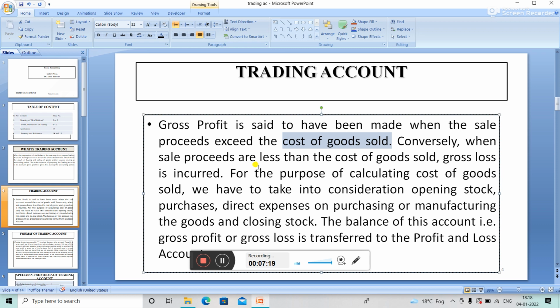Apart from this, we are going to involve direct income or indirect income. I hope everyone knows the formula of nominal account: debit all the expenses and losses, credit all the income and gains. So when we are talking about direct expenses and direct income, these are going to be involved in the trading account. Okay, I hope this is clear with everyone.